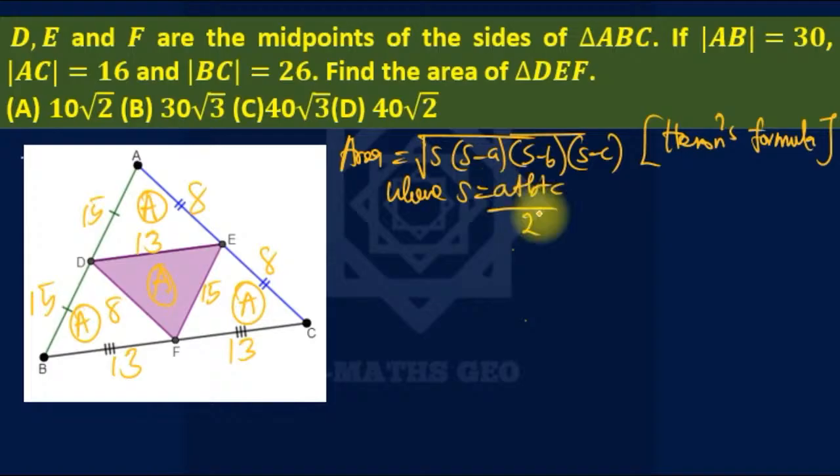So the sides are 8, 13 and 15 over 2. So we have that this is 21, 36 over 2 is 18.